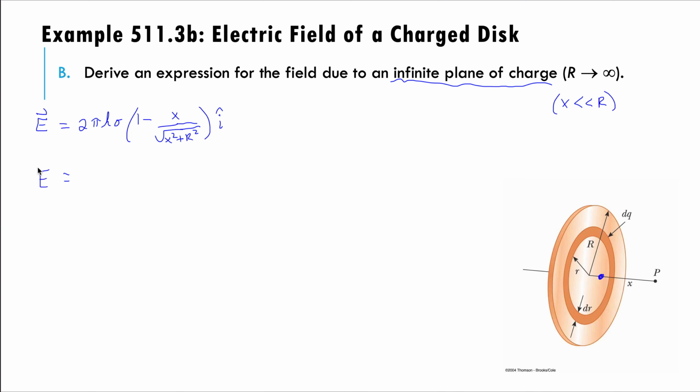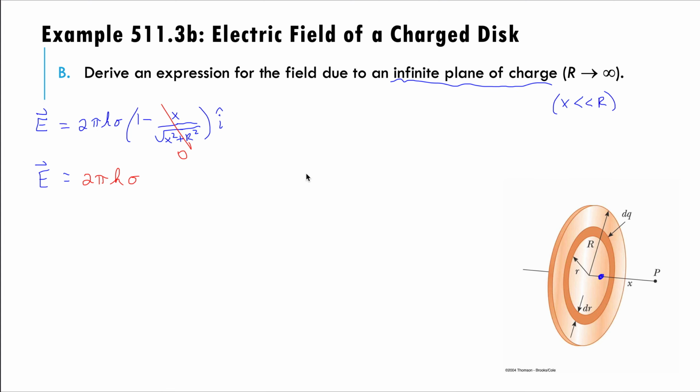So I've written down our result from the previous slide, and we want to see what happens as r approaches infinity. What happens to that field? Well, if we look at r here, if it approaches infinity, then we're going to get infinity in the denominator, and this whole term is going to cancel out to 0. So we're going to get 2 pi ke sigma.